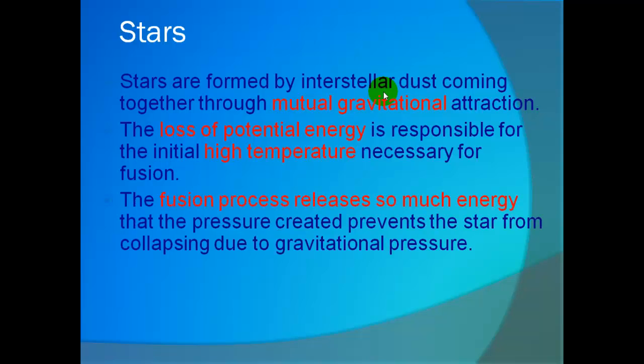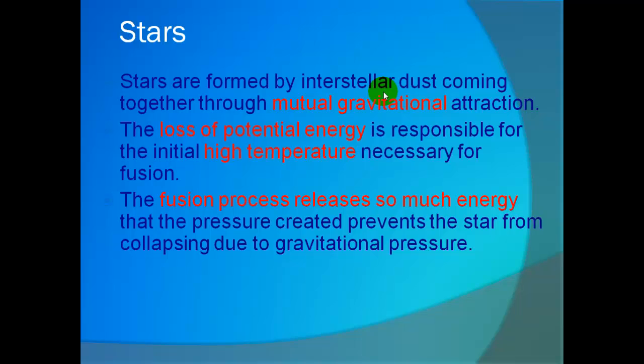Now, fusion produces so much energy that it gives off a great deal of radiation energy. And as you know, photons can have momentum. So basically, we have the radiation pressure from the fusion, which supports the star.